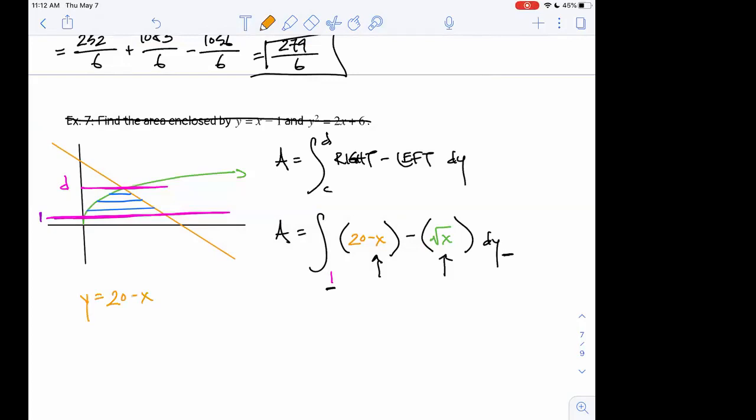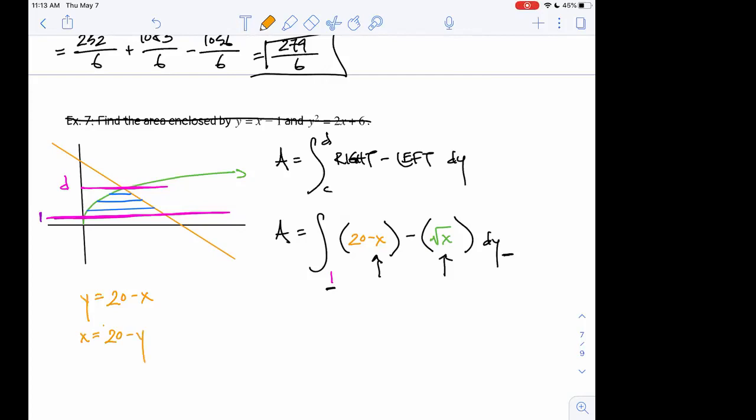How do I isolate the x in this orange equation? You just subtract the 20 and then you multiply by the negative to isolate x. Yeah, so you'd end up with x equals 20 minus y.